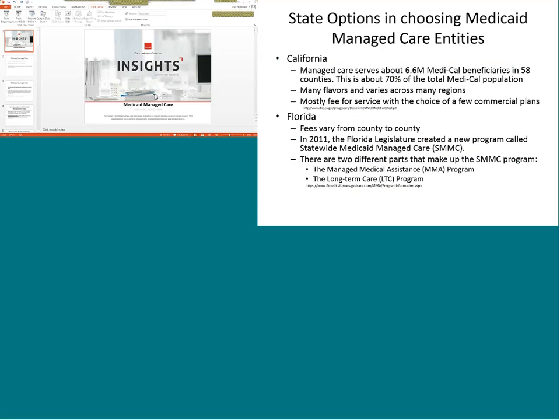And then Florida has broken down their Medicaid managed care plan into two different types: a managed medical assistance program and a long-term care program. That was implemented in 2011.